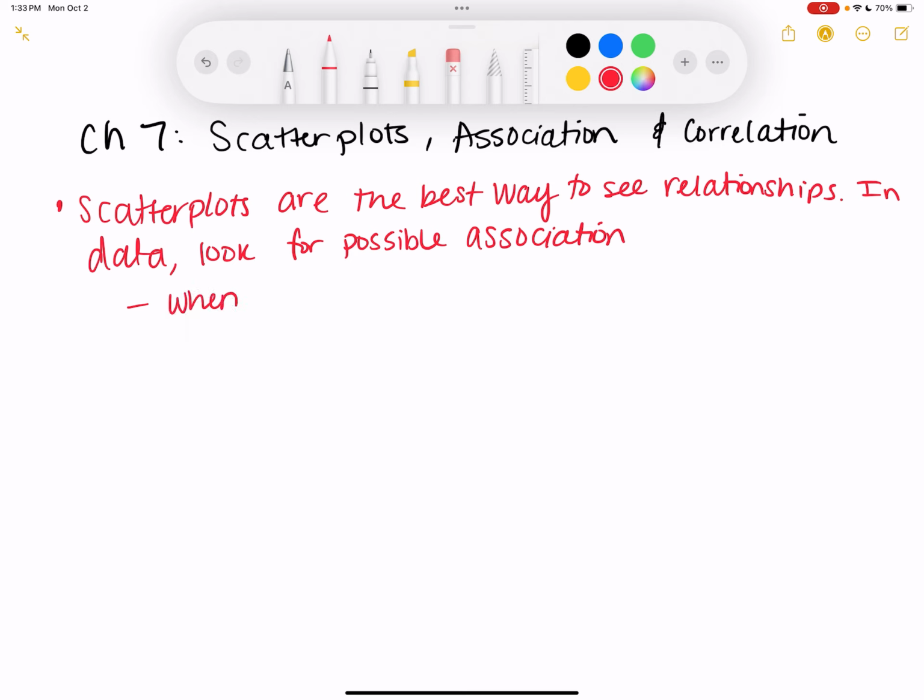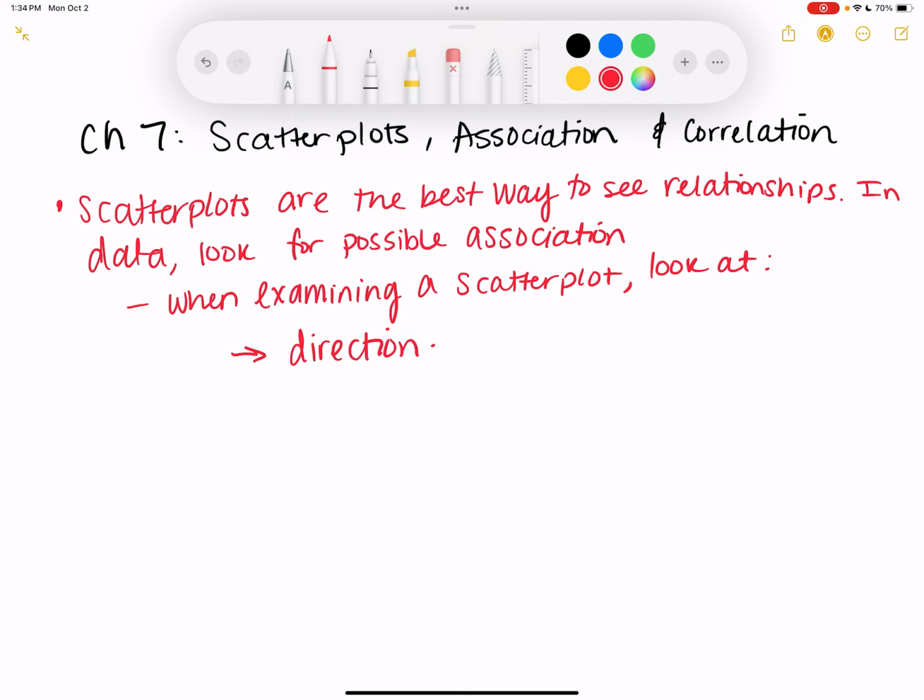When examining a scatterplot, look at first direction, meaning is it negative or positive? Look at the shape.